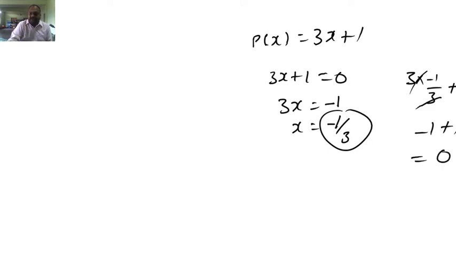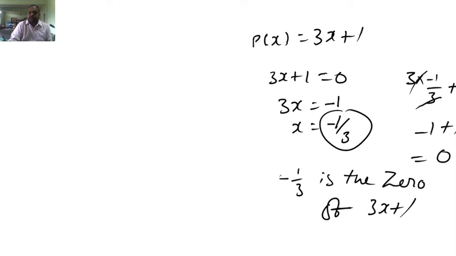So if you substitute any other value instead of x, it doesn't become 0. Only in the case of minus 1 by 3 it will become 0. So minus 1 by 3 is the zero of 3x plus 1.